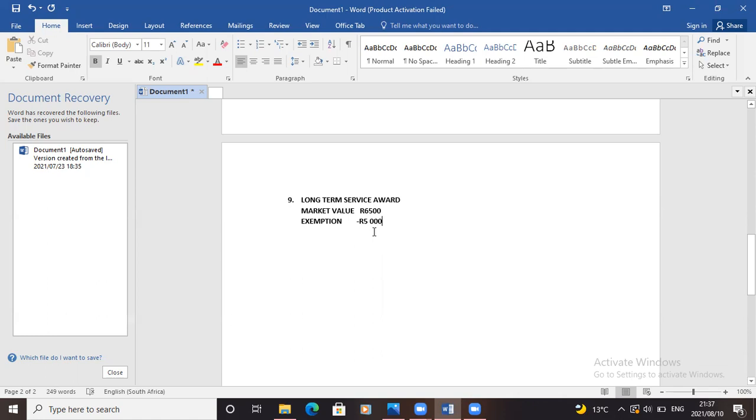If less than the exemption, it's okay to subtract it. If you are not given a cost price at all, you will subtract the exemption. So your taxable benefit will be 1.5. Taxable benefits or taxable portion, it's up to you how you want to call it.